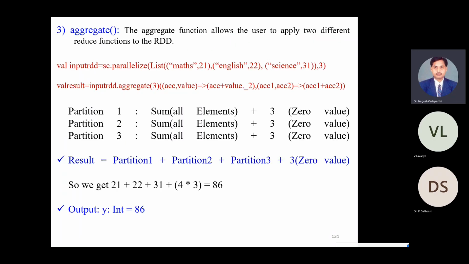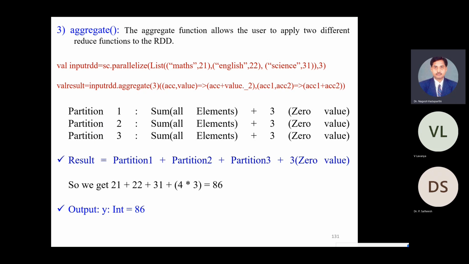Next, the aggregate action. Aggregate is an action that allows the user to apply two different reduce functions to the RDD.